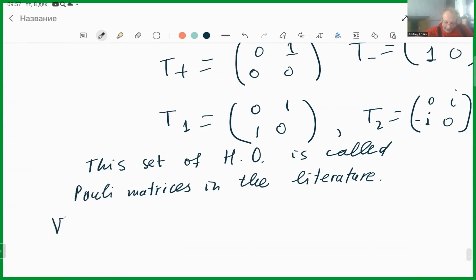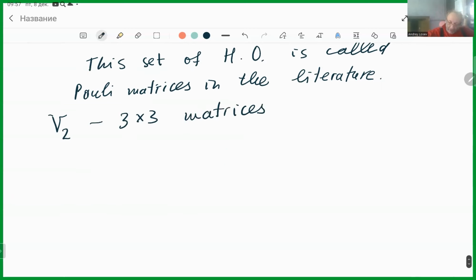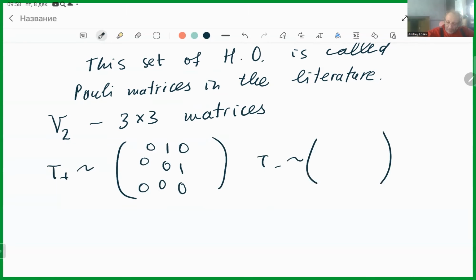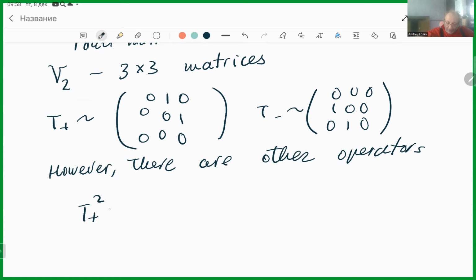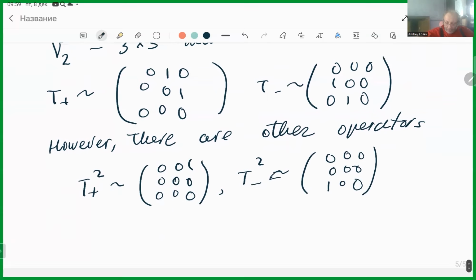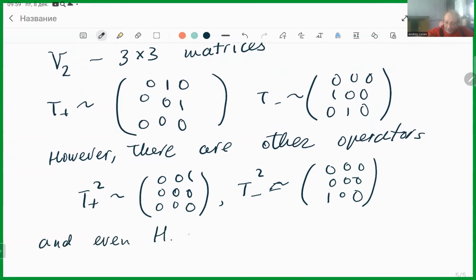However, we may consider the space V2, and here we have 3 by 3 matrices. In particular, T plus would be something like this, T minus would be something like this. However, there are other operators like T plus squared, T minus squared, and even Hermitian operators like T plus squared plus T minus squared. Okay, now we will have a 10 minutes break.